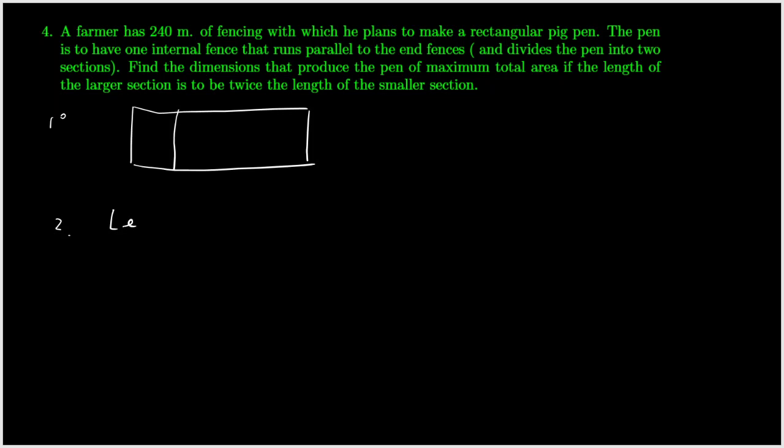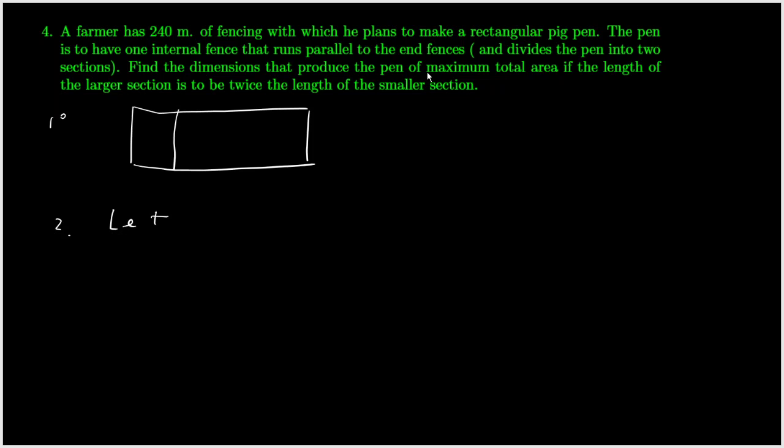Okay, in step 2 we introduce the variables. Anybody want to tell me what quantity we want to maximize in this particular case? We are looking for the dimensions to produce the largest area, the total area.